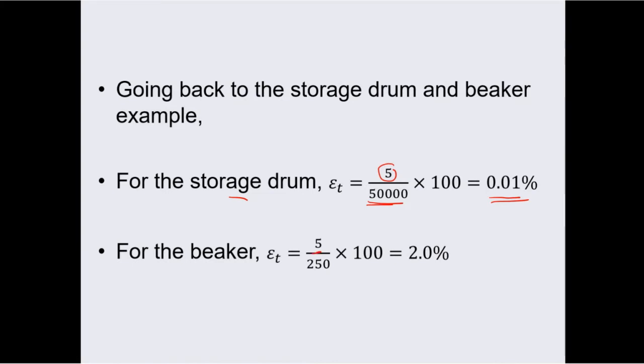However, for the beaker, 5 ml divided by 250 ml comes out to be 2%. Now we can very clearly see that 2% is much bigger than 0.01%. That's almost 200 times bigger. So although the true error is the same, we can see the relative error is much bigger.